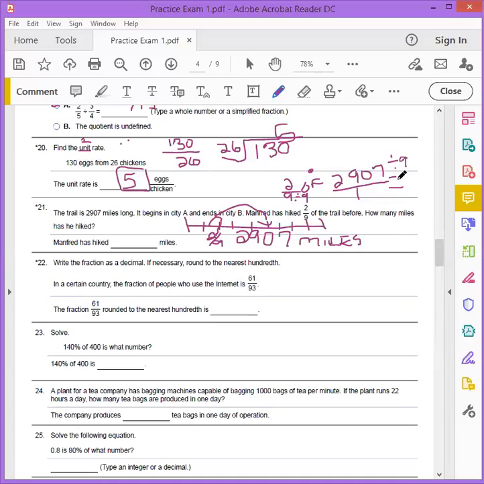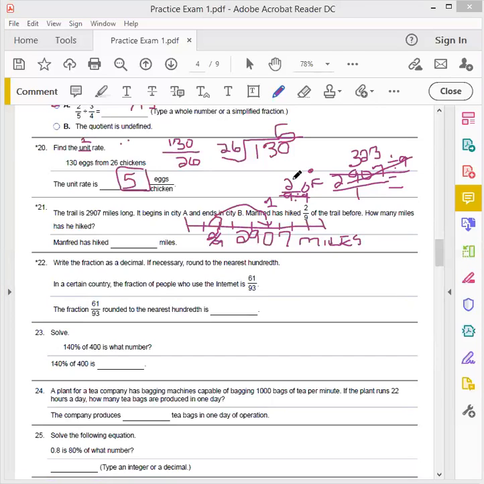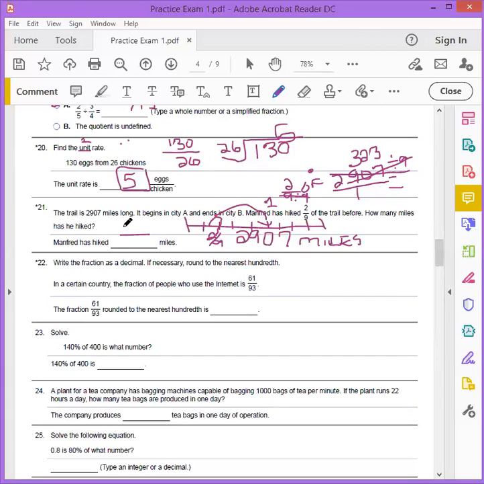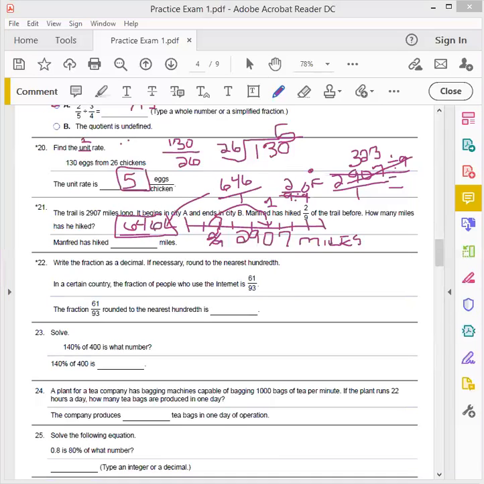We can divide both of those numbers by 9. 9 will be divided into 9 one time, and 9 will be divided into 2,907 323 times. Now we just multiply across. So our numerator times our numerator, 2 times 323 would be 646. And in the denominator, 1 times 1. That's just 646 over 1. That's just 646. So the number of miles that Manfred has hiked is 646 miles.